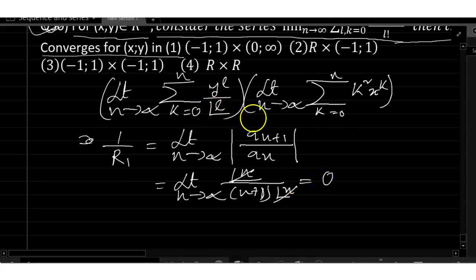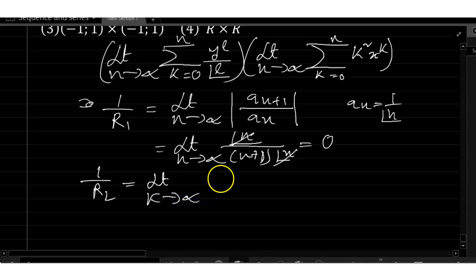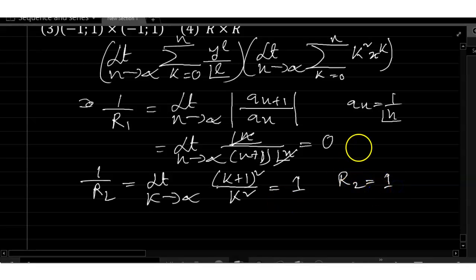We take a_n equal to 1 by n factorial, and this is R1. For R2, I can write limit k tends to infinity of (k plus 1) whole square divided by k square equals 1. R2 equals 1. So the radius of convergence R1 equals infinity.